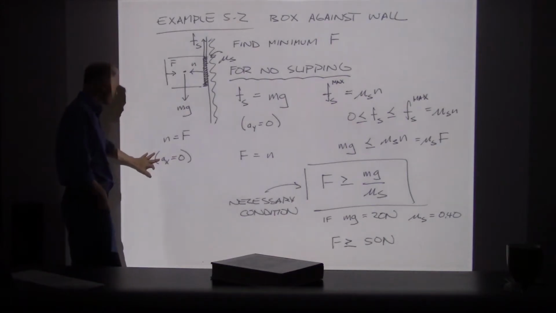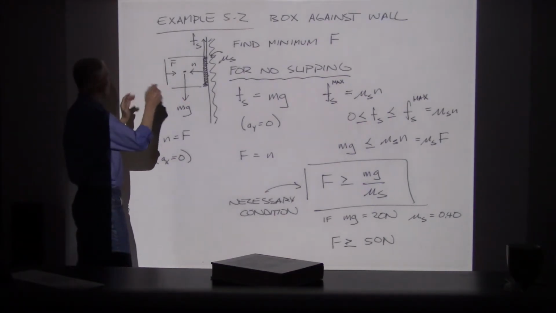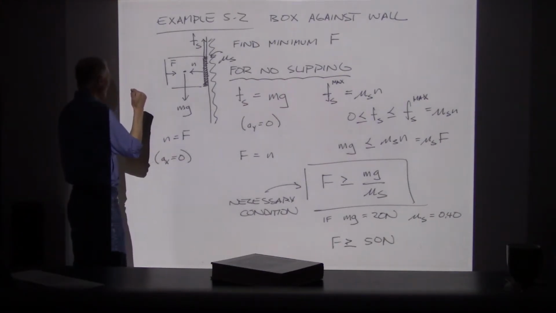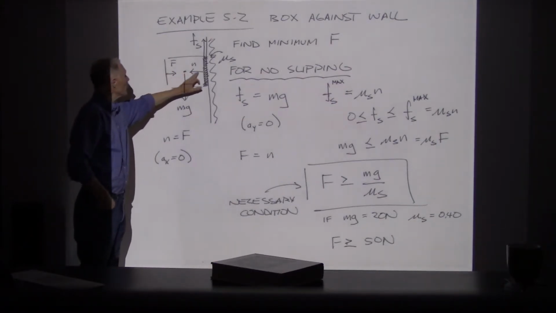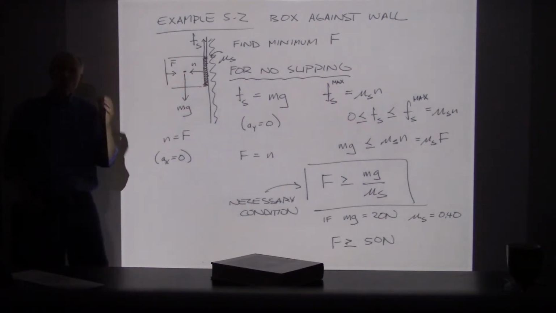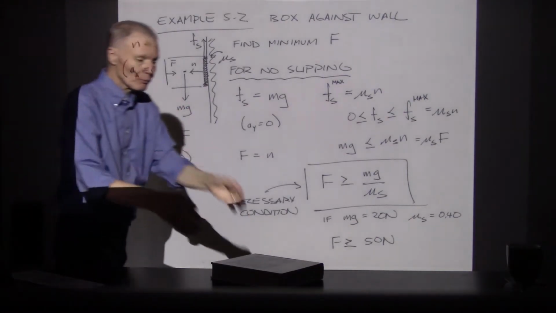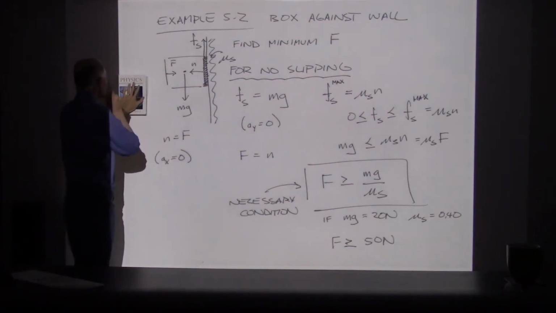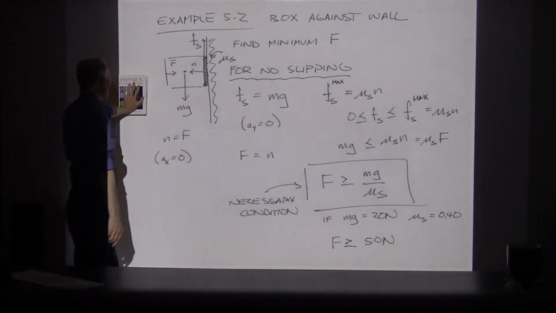In the x direction, there is no acceleration of this block in the x. It's not going into the board, it's not accelerating away from the board. That says that the force I'm pushing with will set up a normal force between the wall and the book. So if I'm pushing with some number of newtons here, that creates a normal force along that surface.